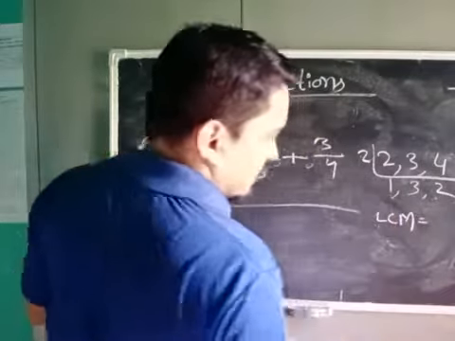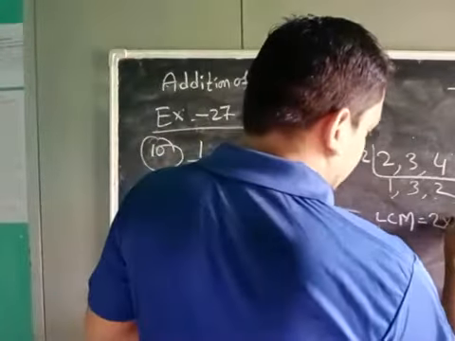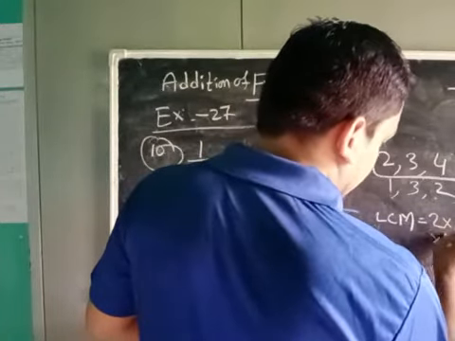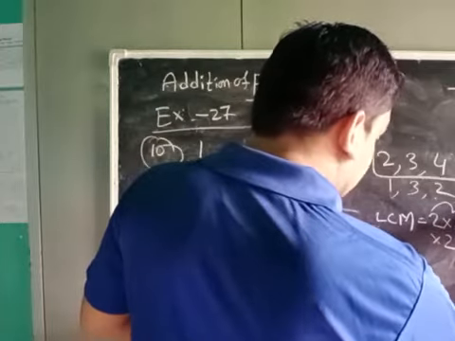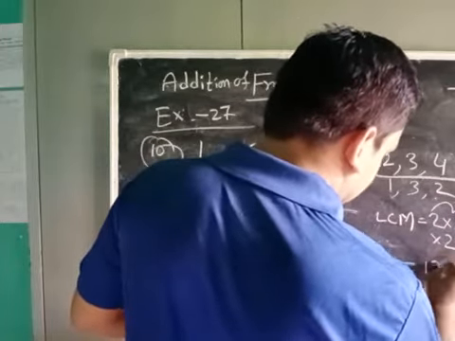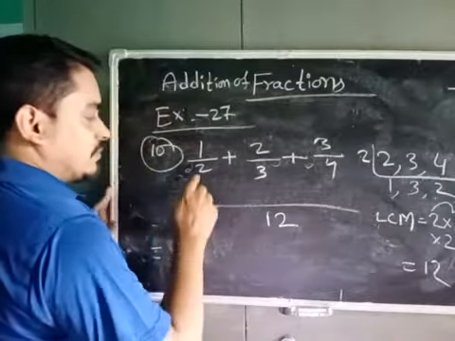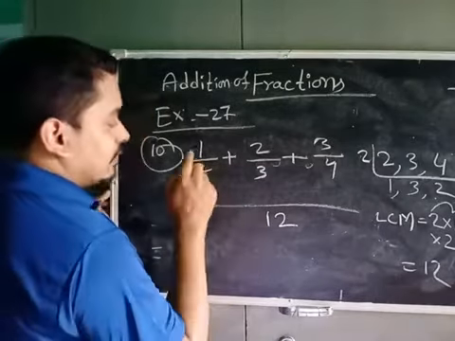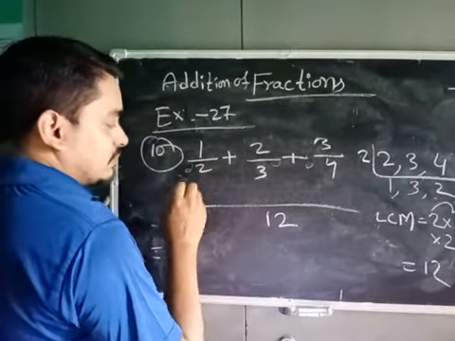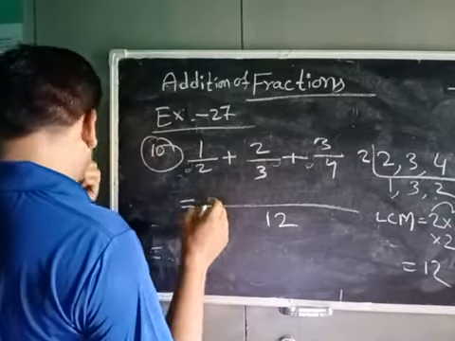So our LCM will be, because no more steps we can do, 2 into 1 into 3 into 2. So here you see 2 1 is 2, 2 3s are 6 and 6 2s are 12. So what we have? We have 12 as the LCM. So if we divide 12 by 2, what we will get?